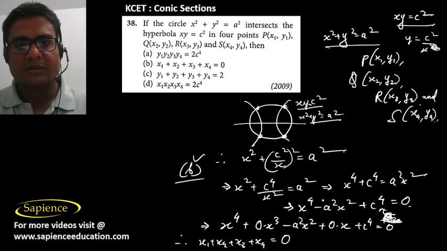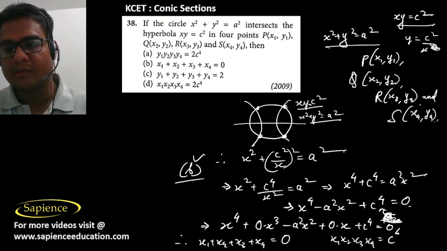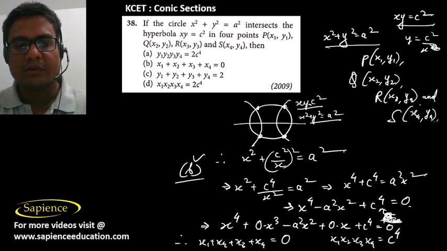And if we take the product of the roots, x1 into x2 into x3 into x4, that will be equal to c power 4, and it should not be 2c power 4. So option D is wrong.